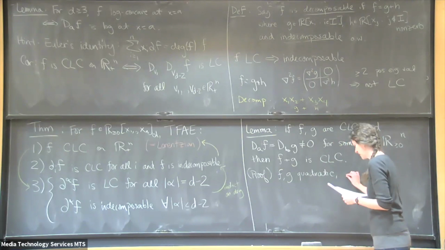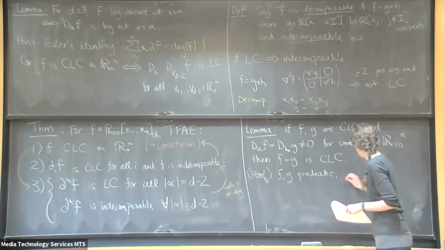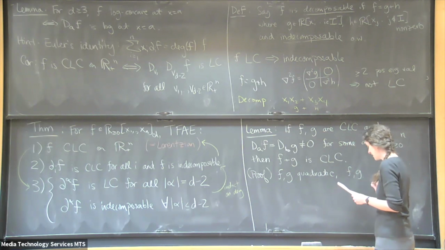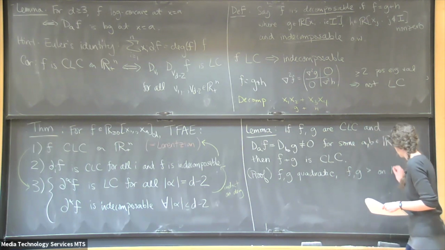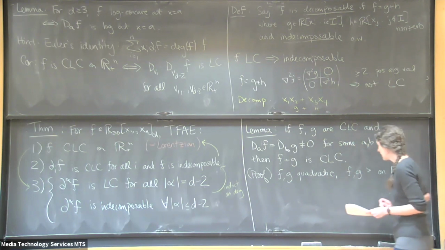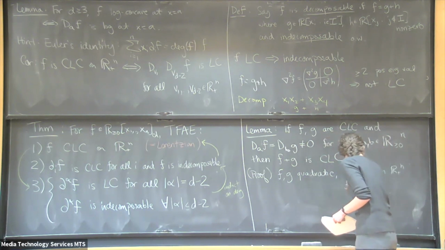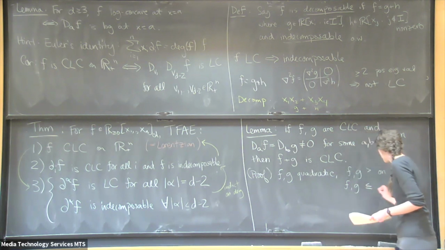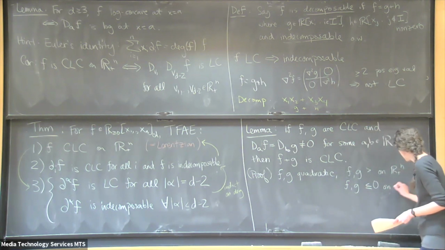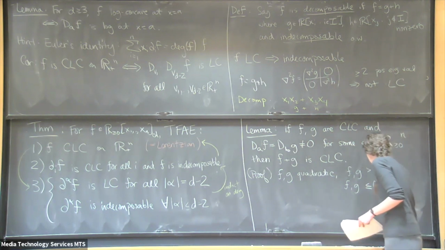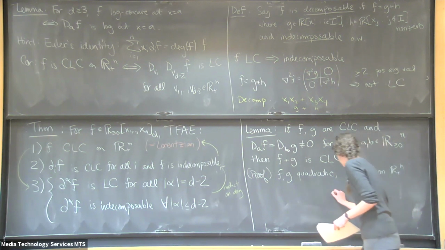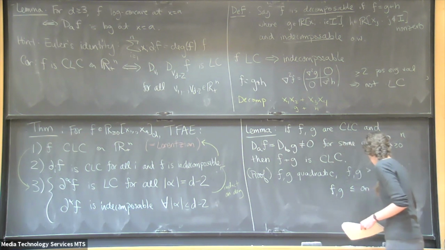So we're going to have F and G being positive at the origin, and then F and G are going to be non-positive.